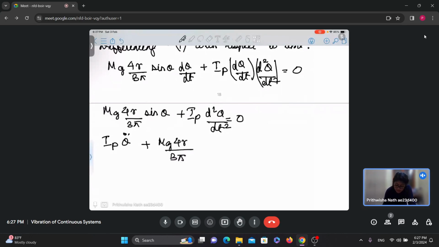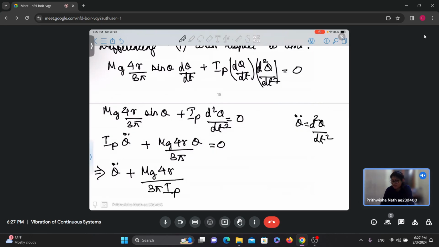Now we can write this equation by dividing by Ip, we get this.